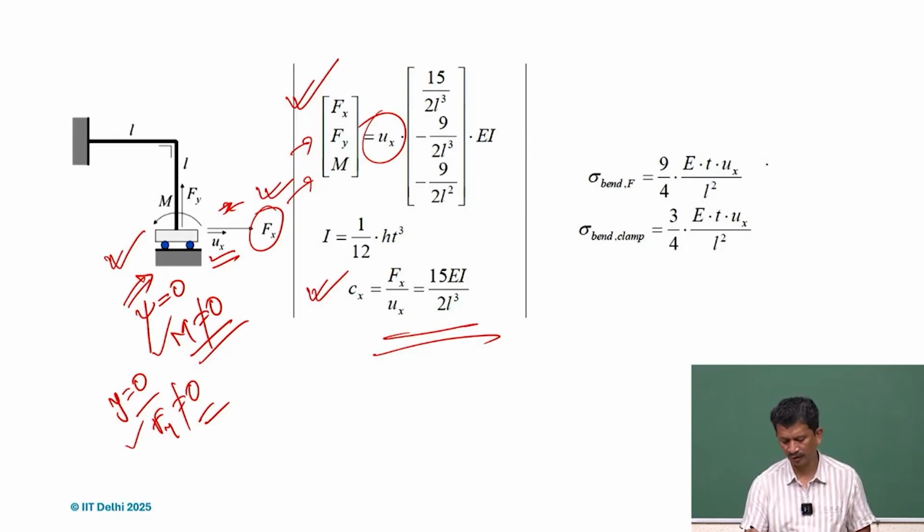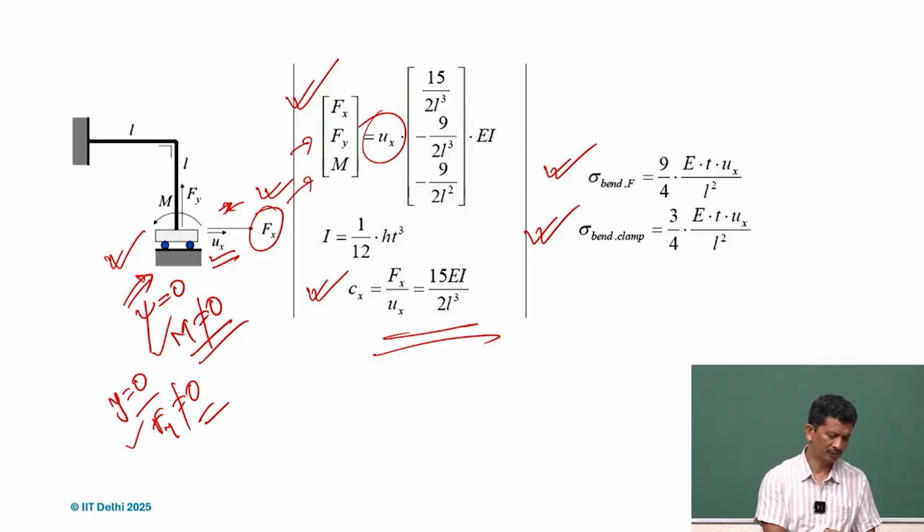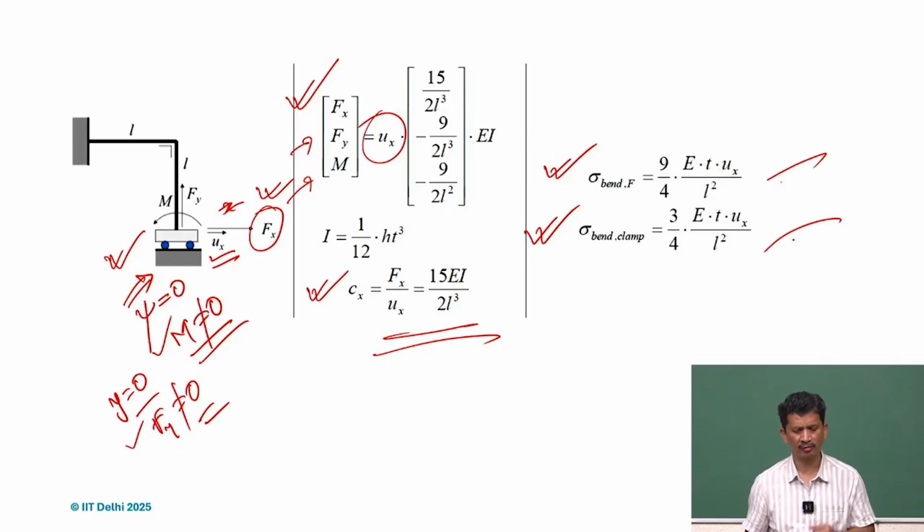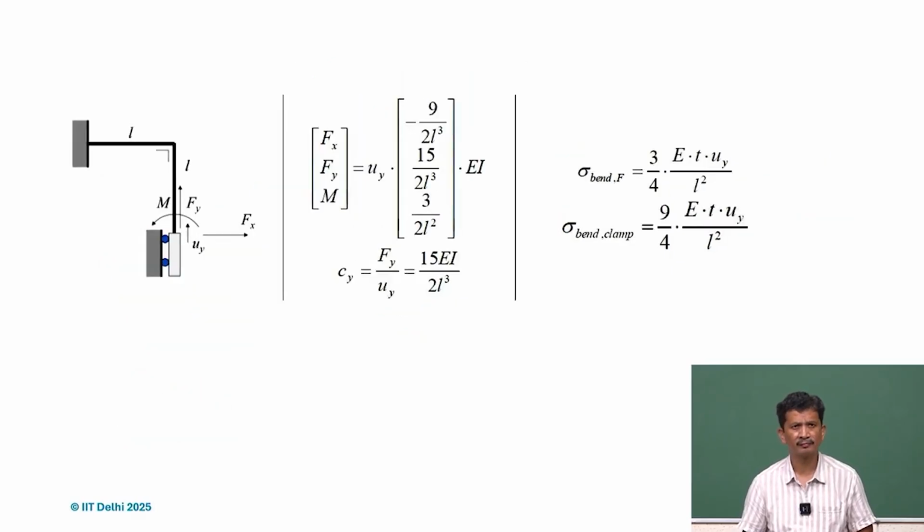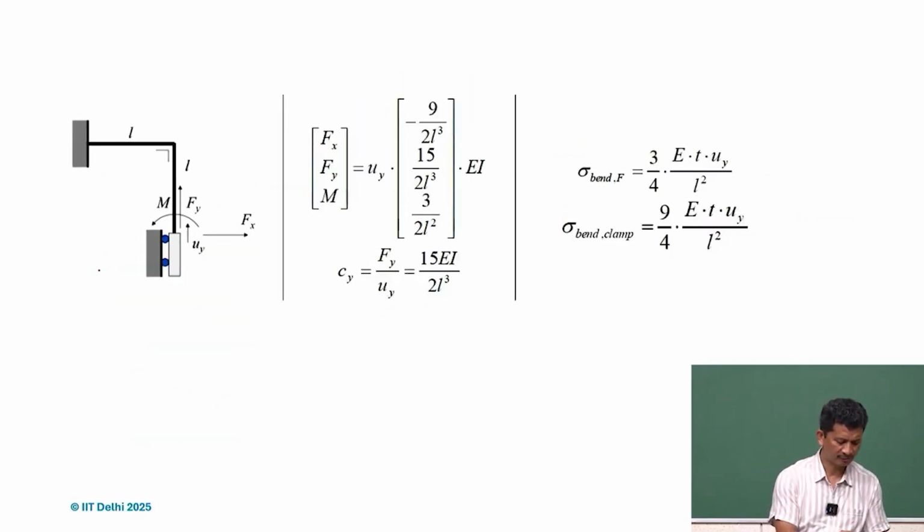Again, we can also calculate the stresses, and we realize that at the fixed end and the clamp, because of the way it deforms and the way the boundary conditions are placed, we have different stresses. So we have to find the maximum value, and we can easily use any CAD package to do the analysis.